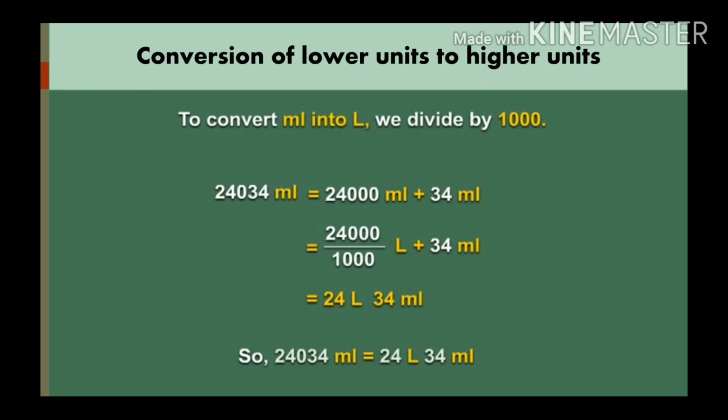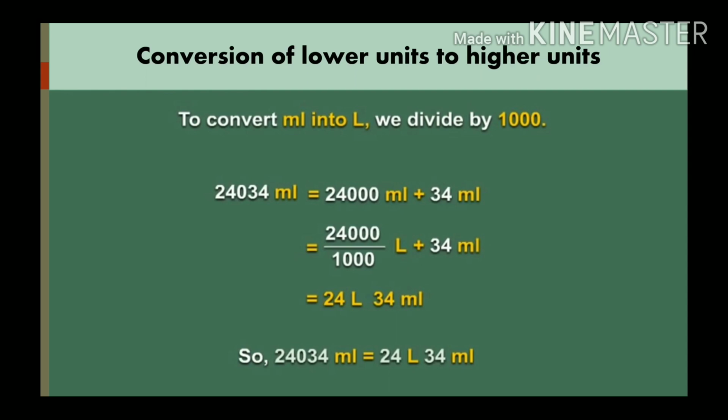So students, we can write 24,034 in expanded form as 24,000 plus 34. So 24,000 milliliter plus 34 milliliter. Now you have to just divide 24,000 by 1000 to get liters.